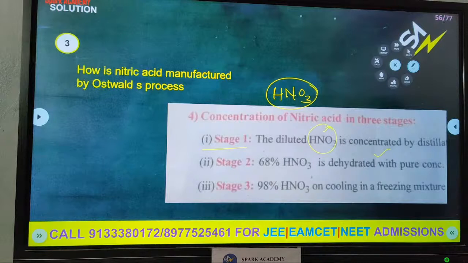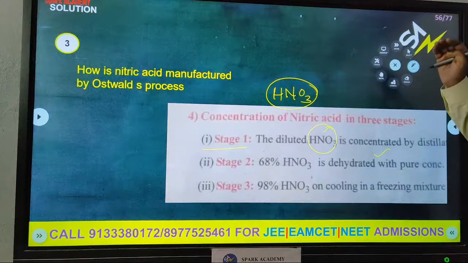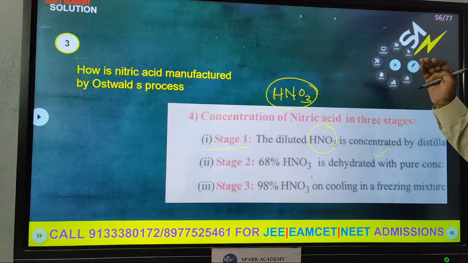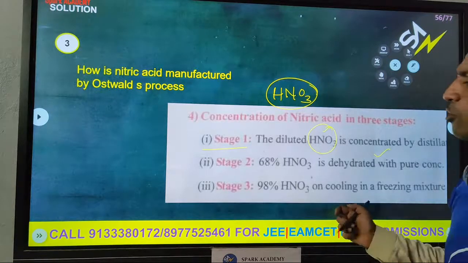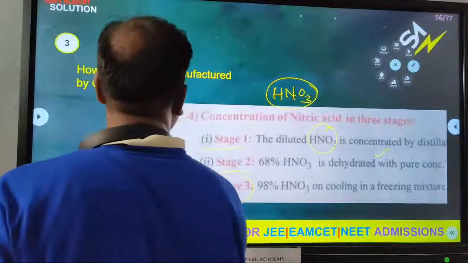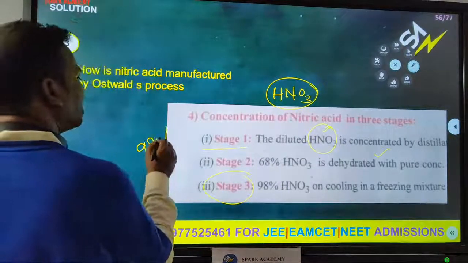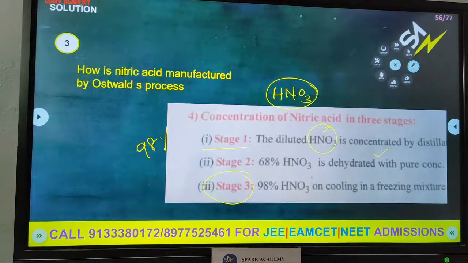In stage 3, cooling and freezing the mixture. By this way, we concentrate the nitric acid by 3 stages. At the end of stage 3, we get 98% HNO3.